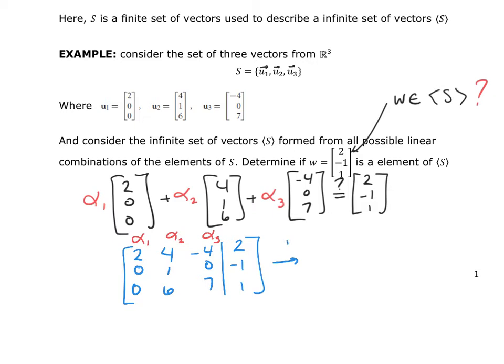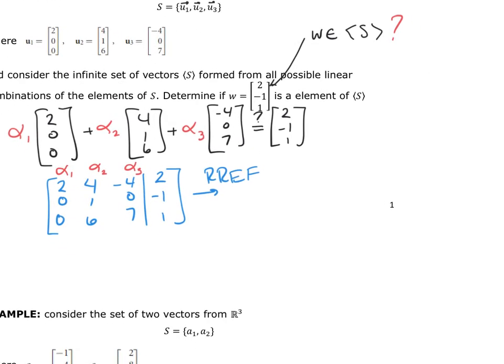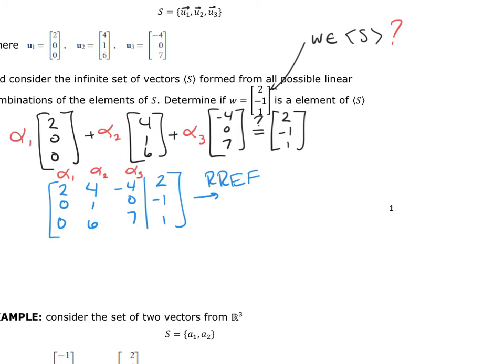So I go ahead and reduce this matrix to reduced row echelon form. I'm going to get this matrix: 1, 0, 0, and 5; 0, 1, 0, and negative 1; 0, 0, 1, and 1.